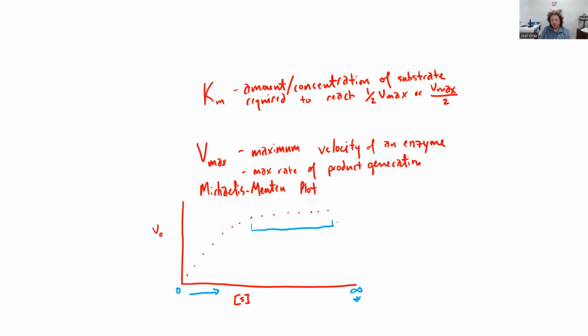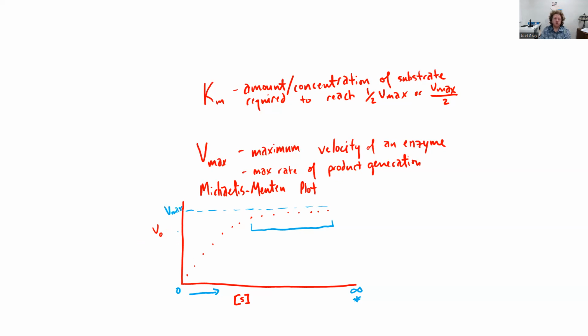This is where no matter how much additional substrate you add to this reaction mixture, your velocity is not going to increase. And so you can use this Michaelis-Menten plot to estimate your Vmax. Your Vmax is going to be like that.